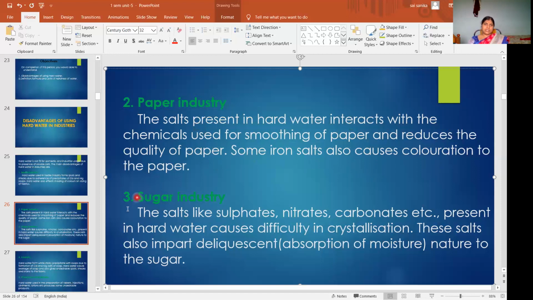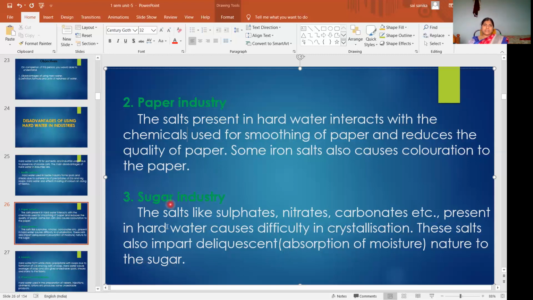Next, come to the third industry, the sugar industry. So what happens when hard water is used in the sugar industry? The salts like sulfates, nitrates, carbonates, etc. present in hard water cause difficulty in crystallization. These salts also impart a deliquescent nature, that is, absorption of moisture, to the sugar.